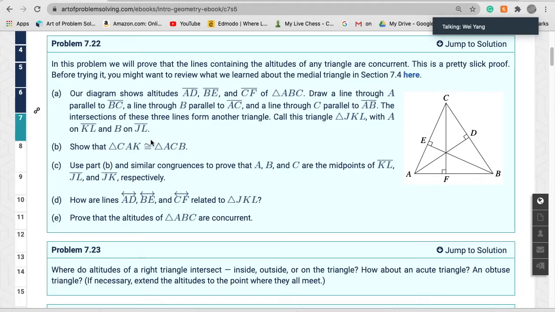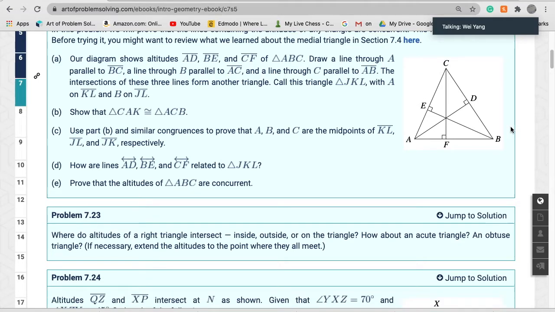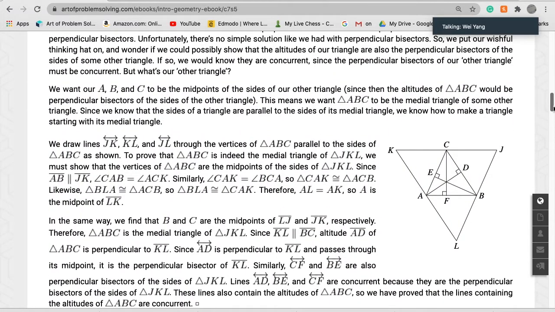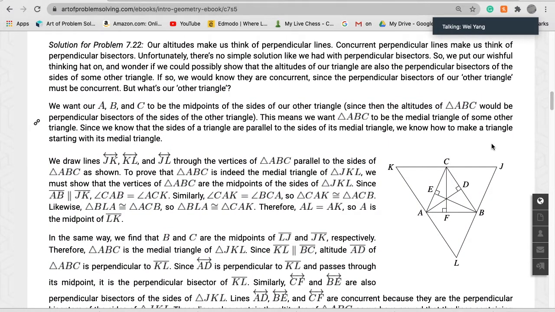So first, they ask you to show triangle CAK is congruent with ACB. Okay, now let's go to this picture. Say this is a triangle ABC.